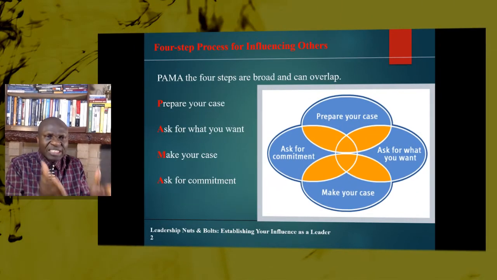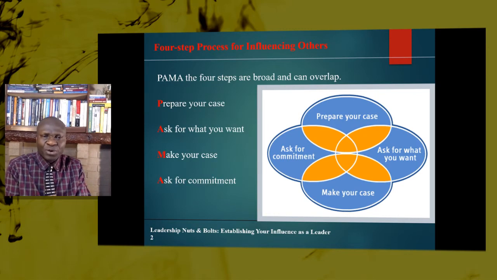You understand the importance of influence and have explored techniques you can apply when trying to influence others. Now, how can you apply what you've learned? You can use a 4-step process with an acronym PAMA, P-A-M-A, which embraces all the techniques you already learned.